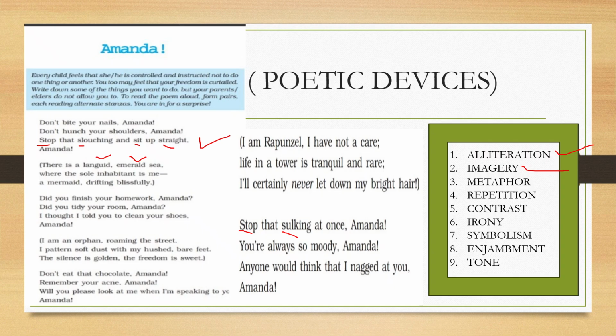We can imagine a calm green ocean. The poet used only two words, languid and emerald, but we can imagine a calm green ocean. Our mind automatically imagines it from these words.